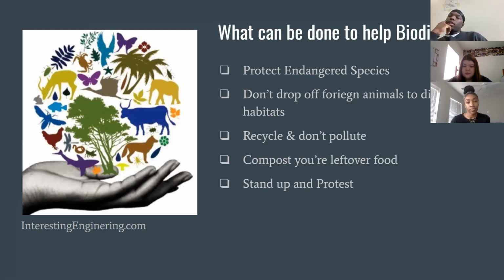And what happens a lot of times is people get animals and then they get tired of them or can no longer take care of them because they've gotten so big, and then they drop them off into a different habitat. Another thing that we can do is recycle and not pollute, because pollution has effects with climate change and it's not good for the ecosystem in general. And then you can compost your leftover food. And something that you can do locally is stand up and protest for deforestation and other things that help destroy ecosystems.